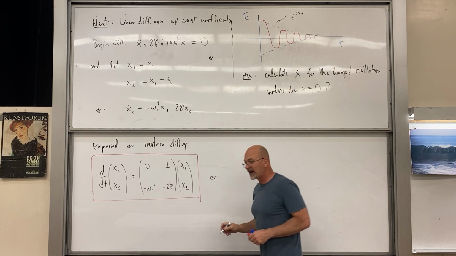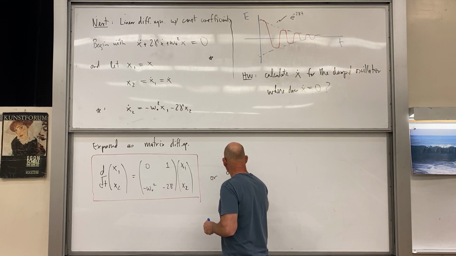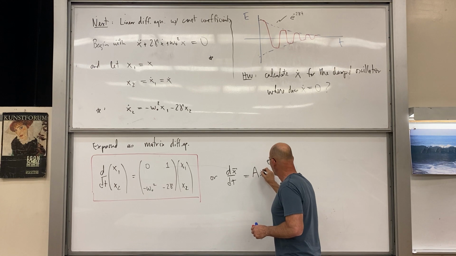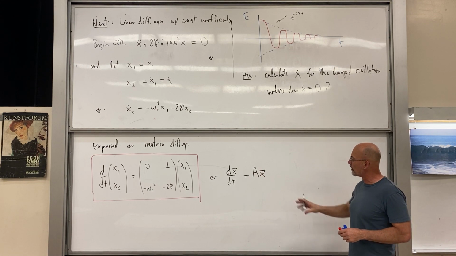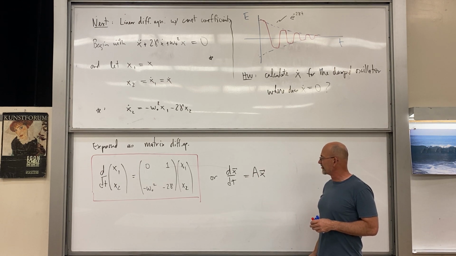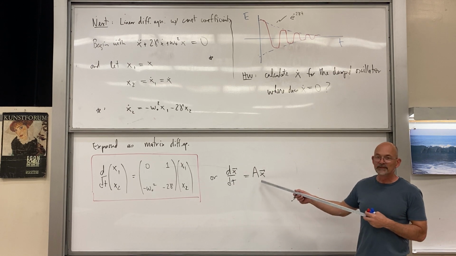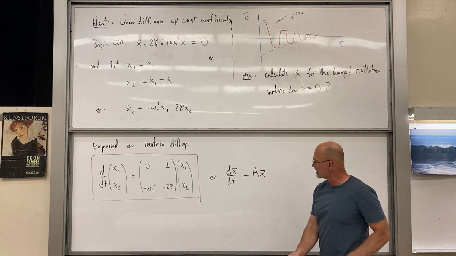Or we can just write this in the following form. d vector x dt is equal to the matrix A times the vector x. Okay, so that would be the complicated form. Actually, this is the complicated form. This would be the simple form of that differential equation.